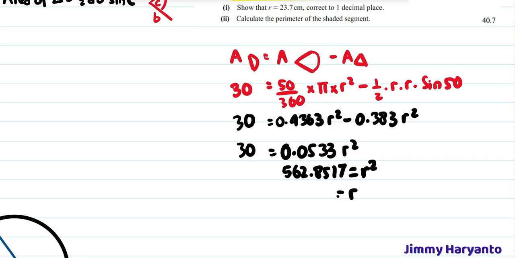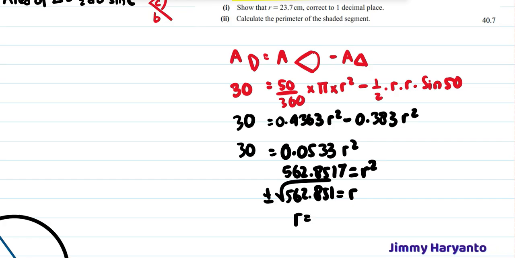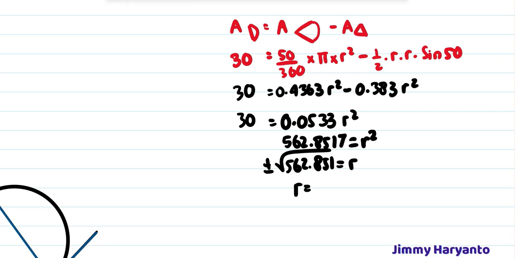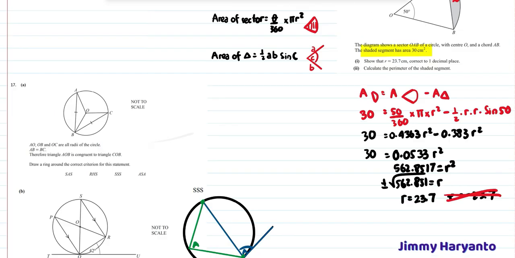That means r equals the square root of 562.851, plus or minus. So r equals 23.7. This one is 23.7, and the other is negative 23.7. So I think you should reject this one because negative is not valid for a measurement.